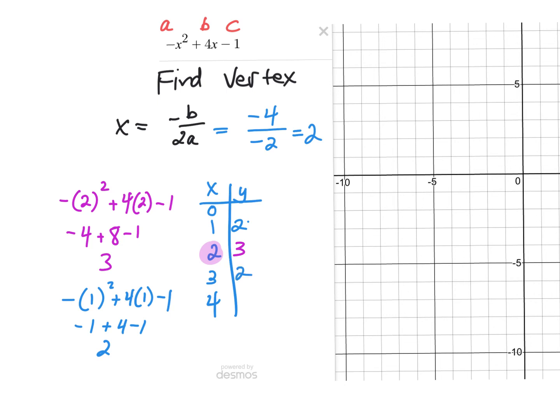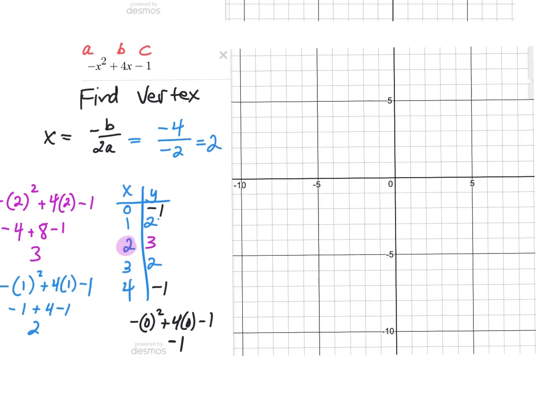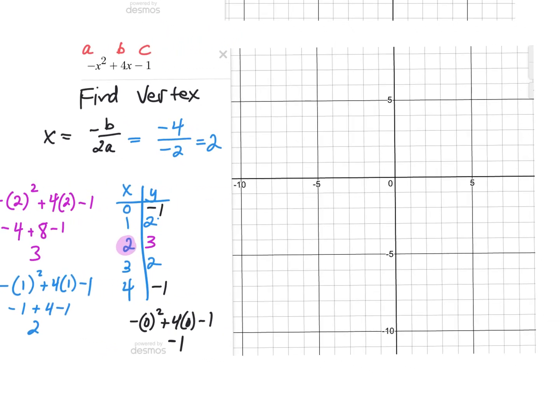Now I'm getting closer to being done. My last step is going to be plug in either 0 or 4. Well, plugging in 0 is very easy in standard form, because multiplying anything times 0 makes it go away. So now I have my 5 points for my quadratic parabola.